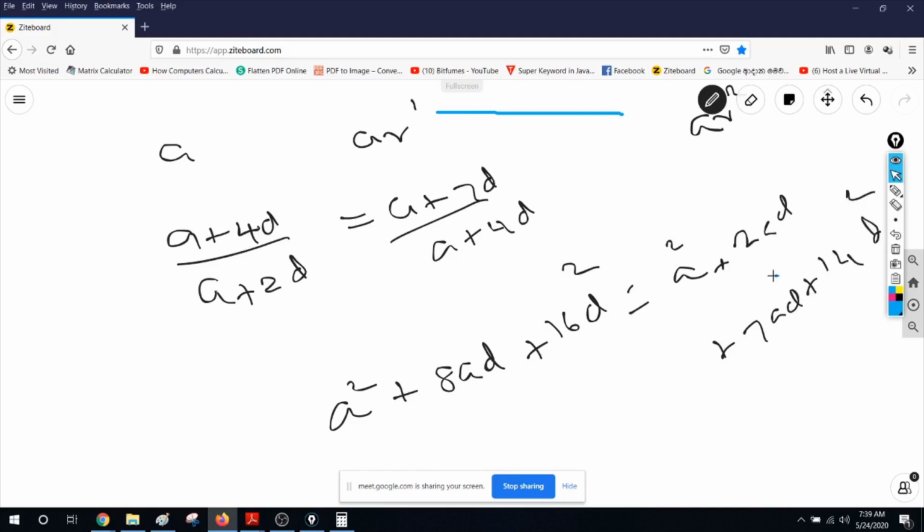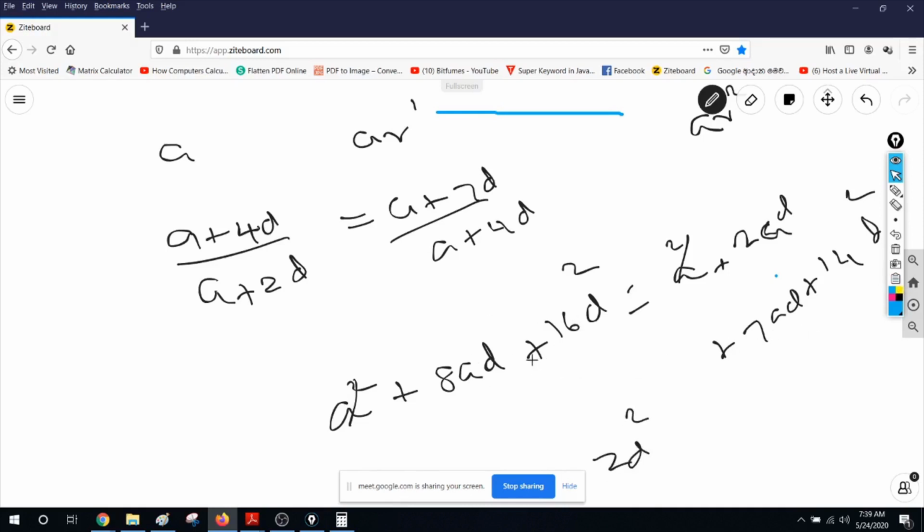Let's see whether we can solve like this. A squared to A squared will cancel out. Right? Here we have 7AD, 2AD, 9AD. But anyway A is not going to be cancelled out, right? Anyway, 16D squared minus 14D squared is 2D squared.